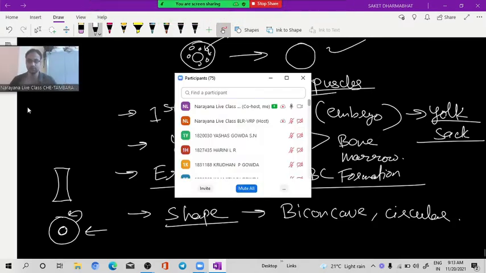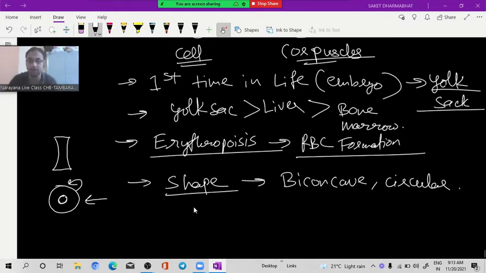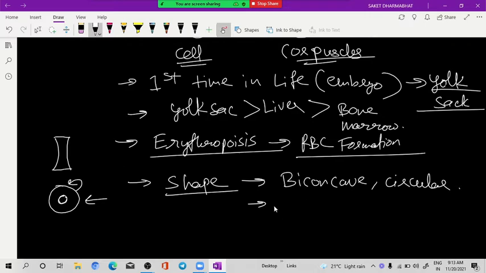Okay, and see like this. It is circular, but like this, and it is what? Circular. Okay. Now second thing is what? Change in shape of RBC. Change in shape of RBC is called poikilocytosis.